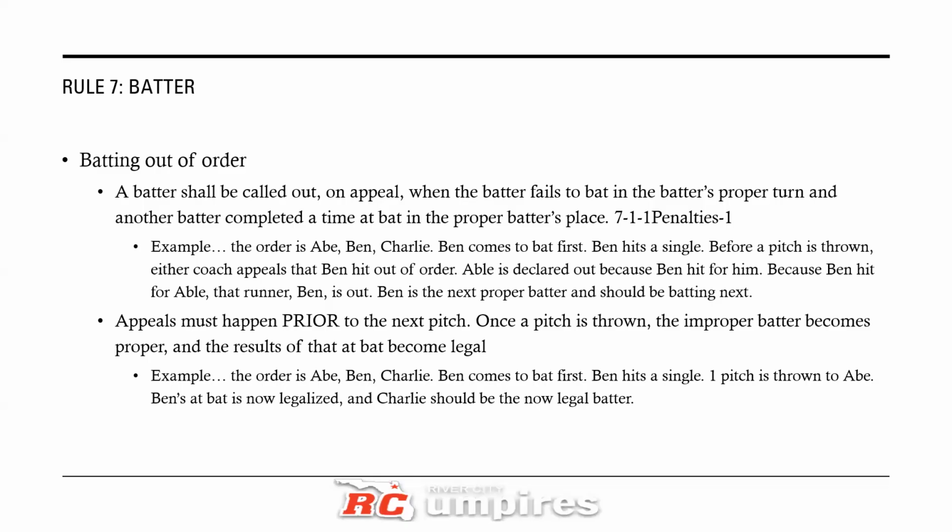Ben's at-bat is now legalized. So Ben was the proper batter. You just skip Abe in that situation. Who hits after Ben? Charlie. Charlie is now the legal batter. If it's found with the illegal batter in the batter's box, you simply switch the batters out and keep the count.